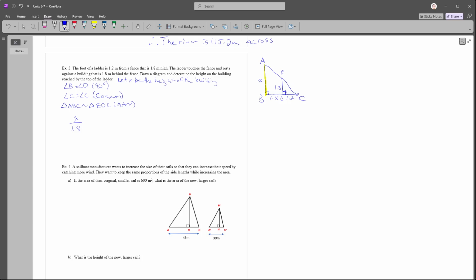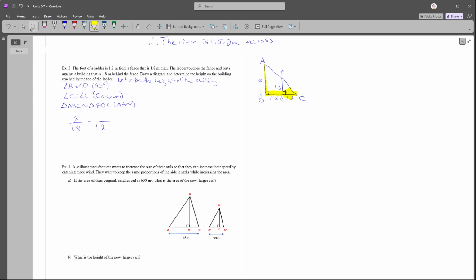Okay. And now I need to do another side. Well, what do I know? I know the bottoms of the triangles. So I can see the bottom of the small triangle is 1.2, but what's the bottom of the top triangle? It's not 1.8. 1.8 is just the distance from B to D. We need to go all the way. So that means that it's the rest of this distance too.